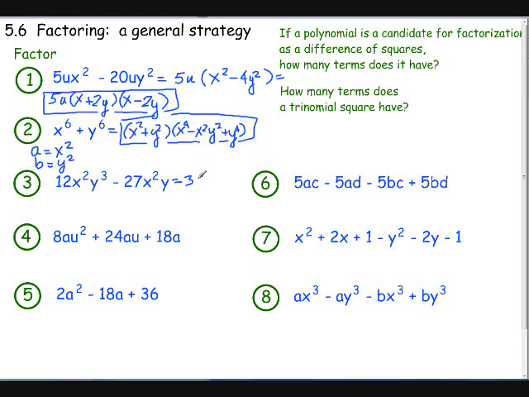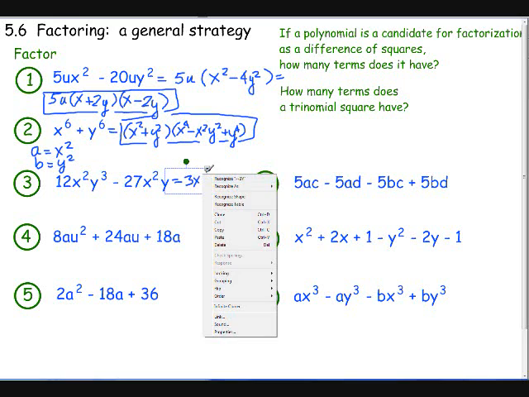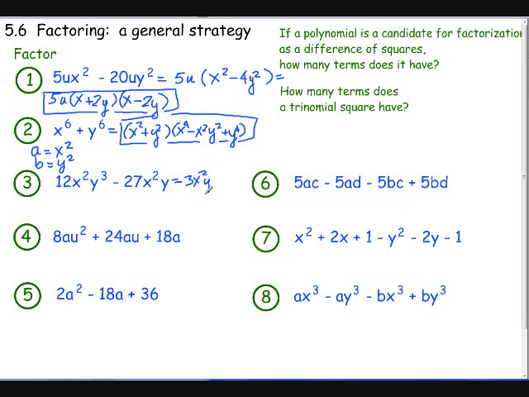I can factor out x squared. And I can factor out a y. And what will be left? I'll have a 4, a 1, and a y squared. So 4y squared. And here I'll have left a negative 9, a 1, and a 1.